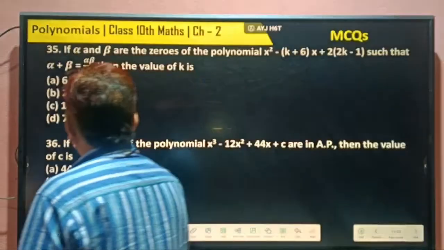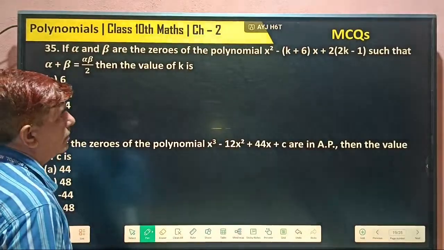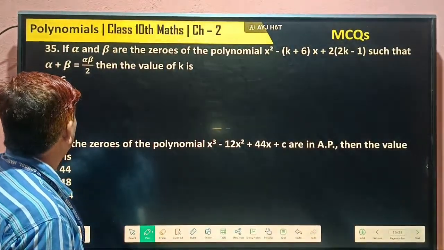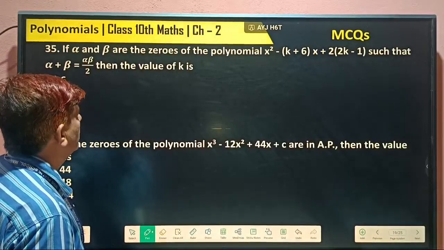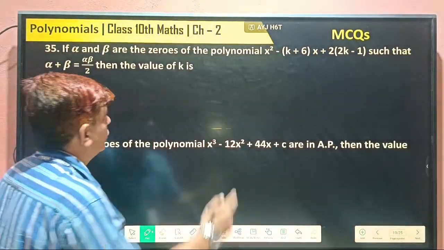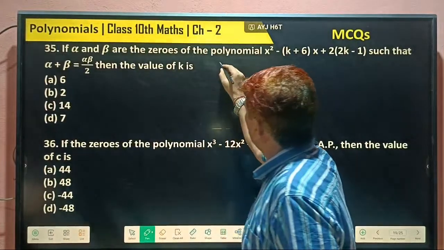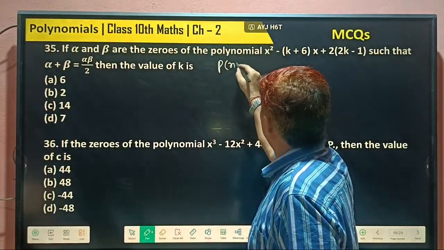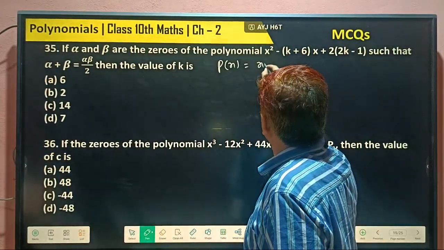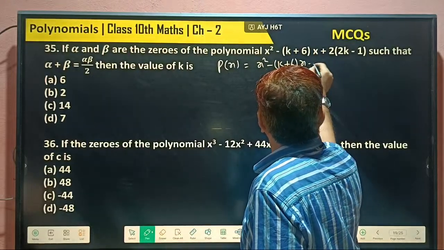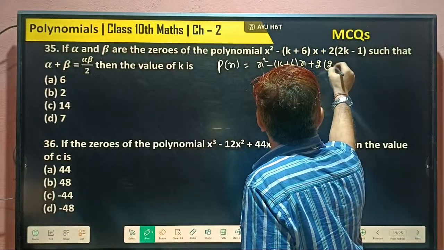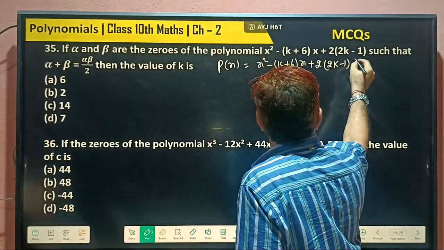35. If alpha, beta are the zeros of the polynomial such that alpha plus beta equals alpha beta by 2, then find the value of K. So first we can write p of x. What's given? x square minus (K plus 6) x plus 2 into (2K minus 1).